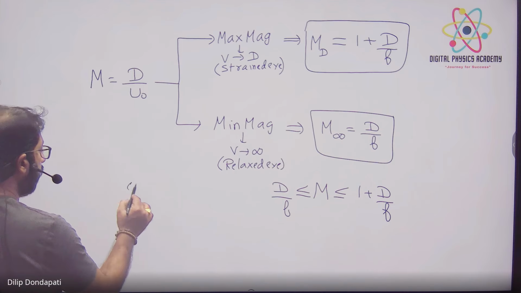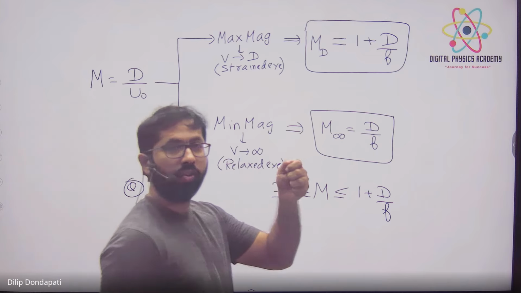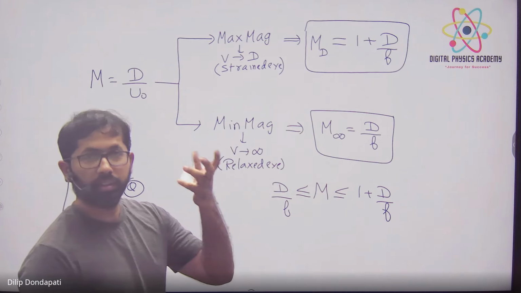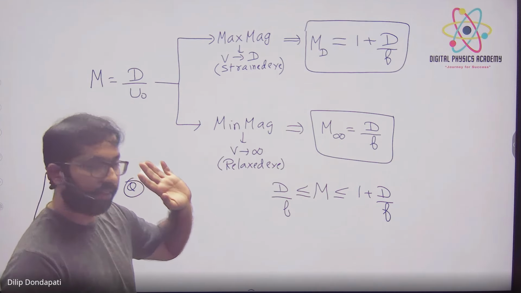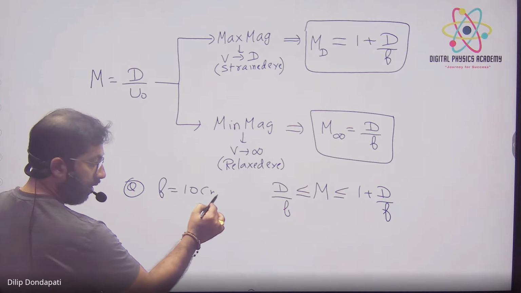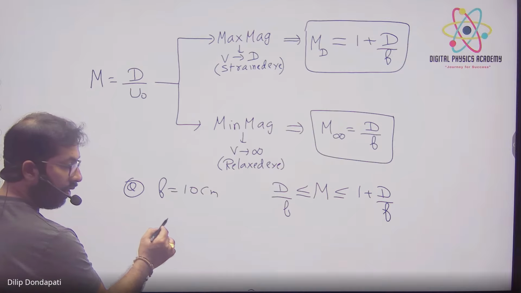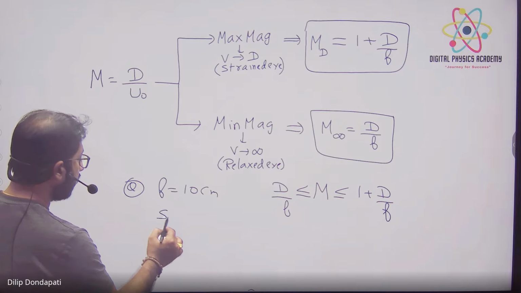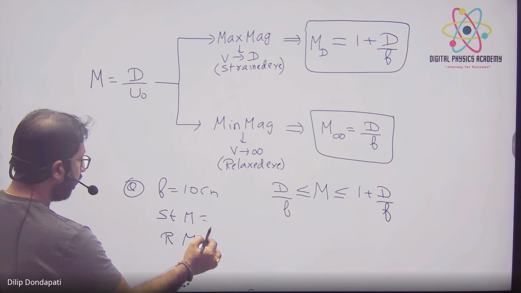एक detective is using the converging lens. Converging lens is nothing but the normal microscope only, indirectly. He has given उसका focal length is 10 centimeters. He is trying to find strained eye का magnification and relaxed eye का magnification. Find करो.